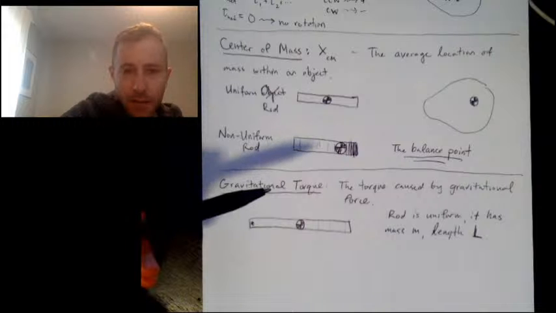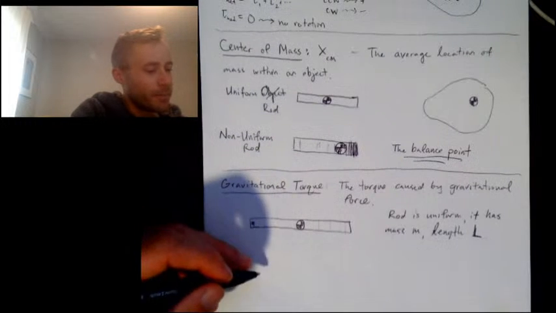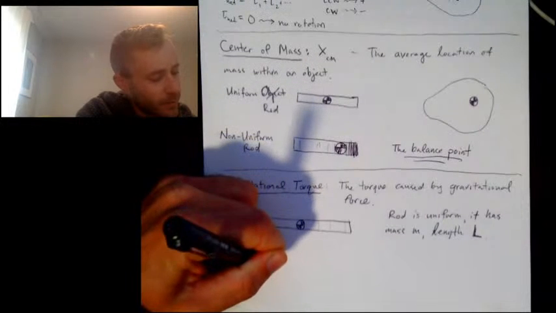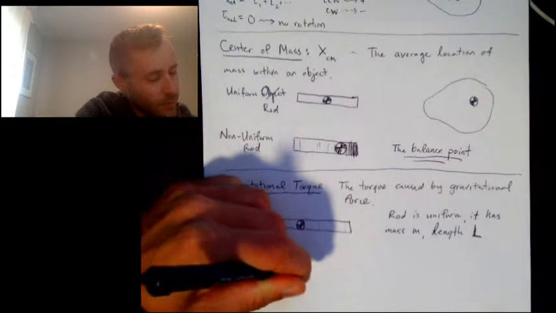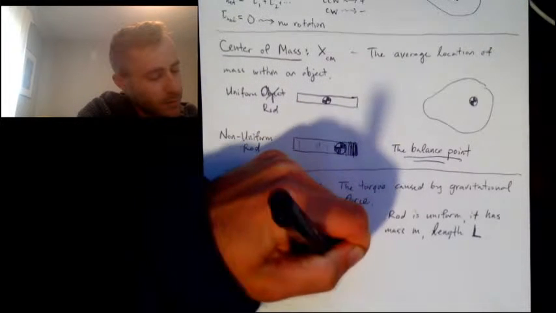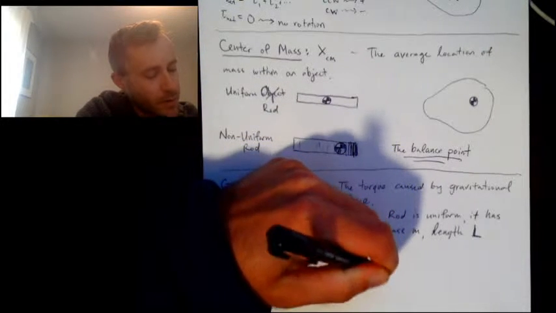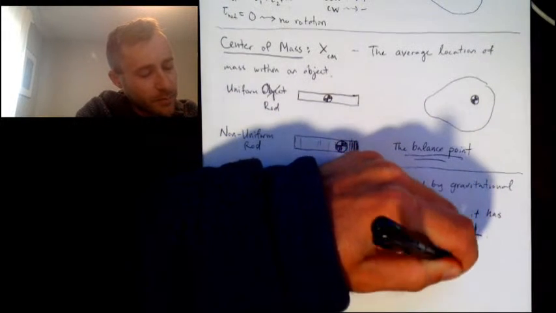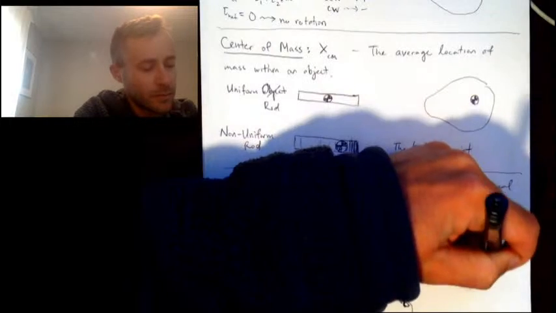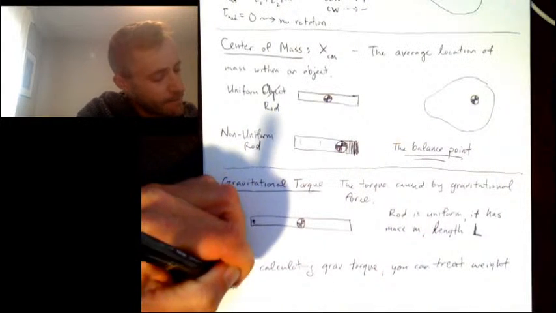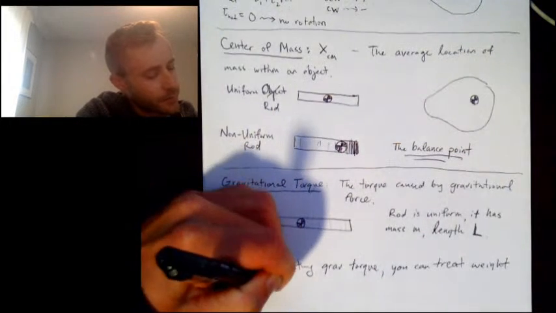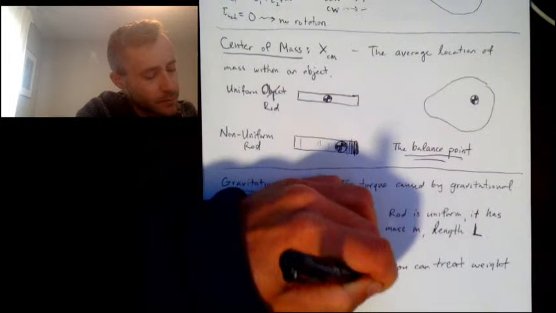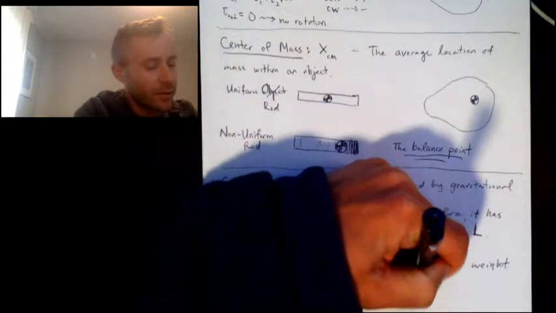And it turns out when calculating gravitational torque, you can treat the weight force as if it were concentrated at the center of mass.